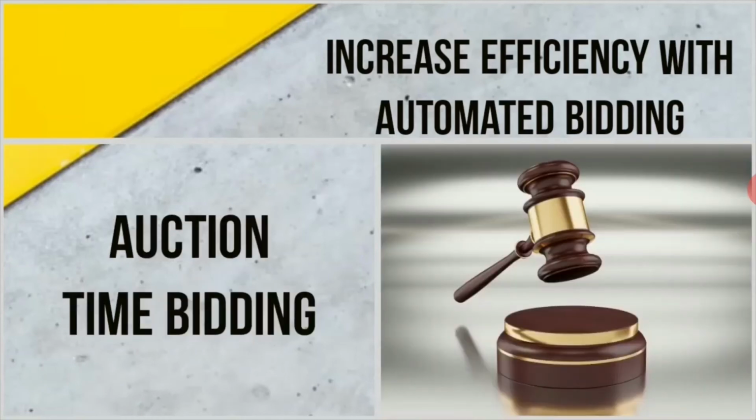Then there is auction time bidding, since our bidding algorithms are trained to reach the user's unique context using relevant signals present at auction time. This is a unique capability of machine learning.